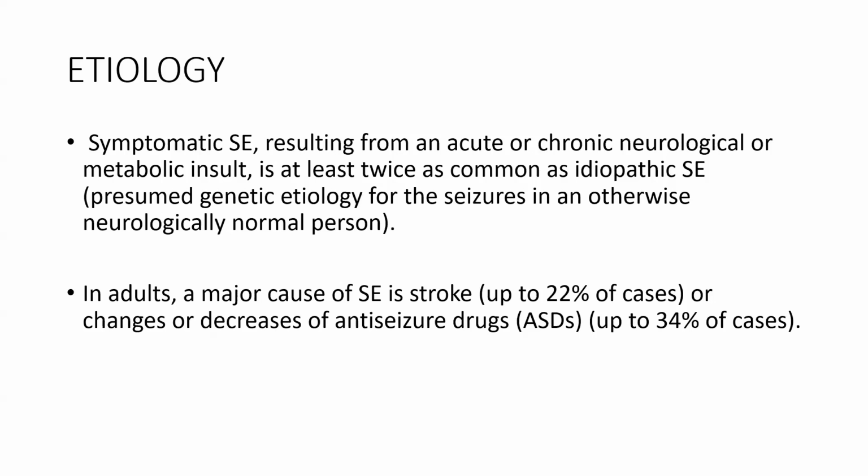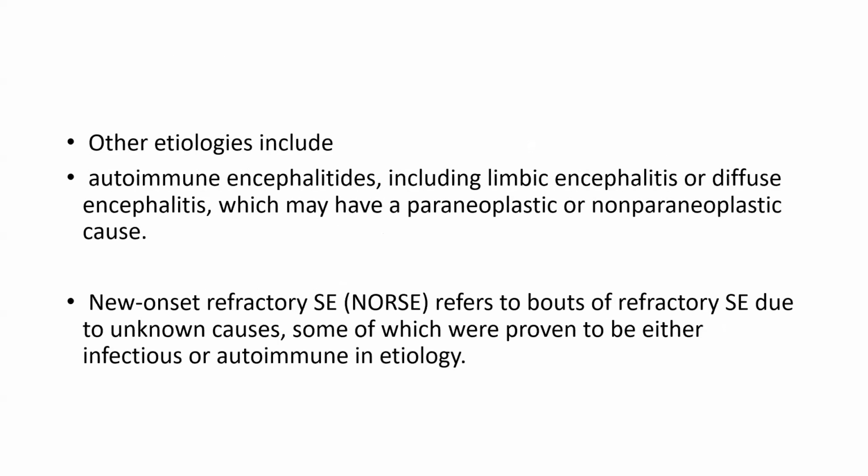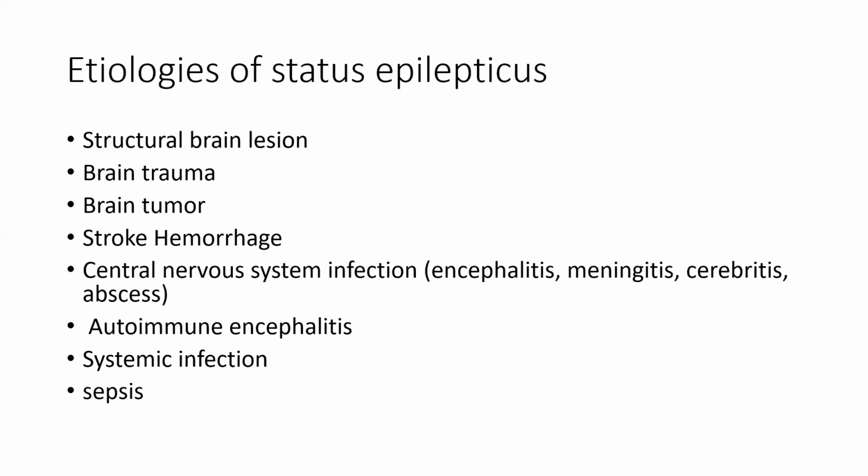Stroke contributes to 22% of cases and changes or decrease of anti-seizure drugs contribute to 34% of cases. The other etiologies include autoimmune encephalitis, including limbic encephalitis or diffuse encephalitis, which may have a paraneoplastic or non-paraneoplastic cause. New onset refractory status epilepticus refers to a bout of refractory status epilepticus due to unknown causes, some of which were proven to be either infectious or autoimmune etiology.